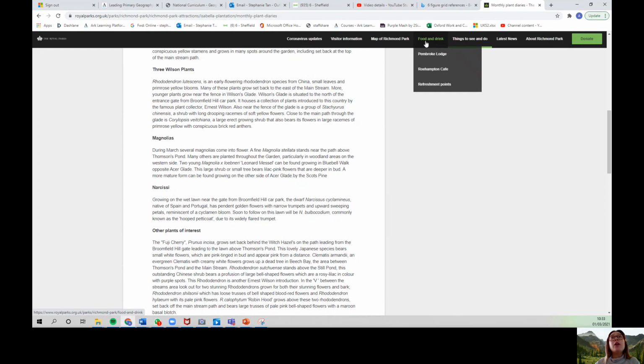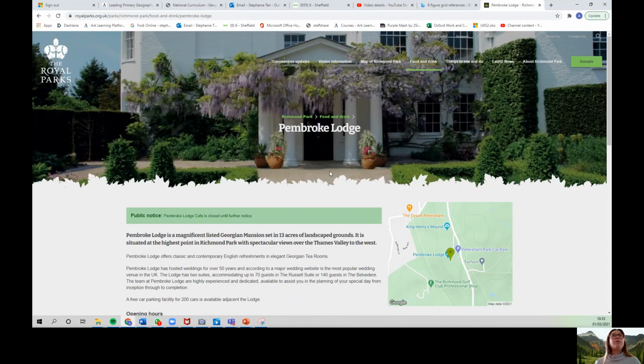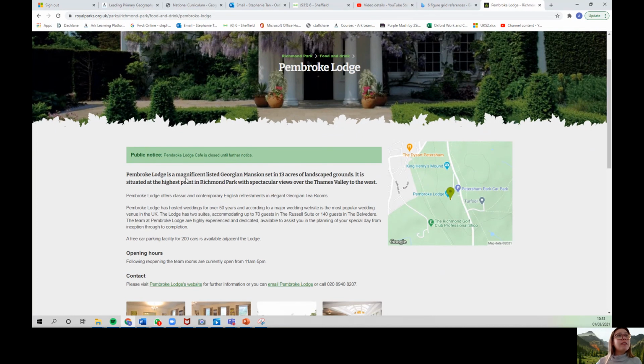And if we wanted to, we could also read about food and drink if we go to the park, because we might get hungry. Let's read about Pembroke Lodge. Wow, it's a beautiful lodge with beautiful flowers. It's a magnificent listed Georgian mansion set in 13 acres of landscaped grounds.